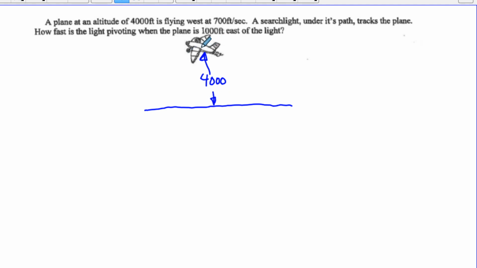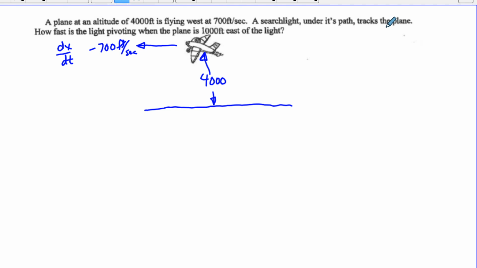And it's flying west at 700 feet per second. We'll call this dx dt, just like an xy coordinate plane. And since we're going to the left, we'll call that negative.